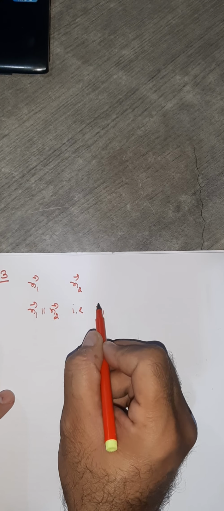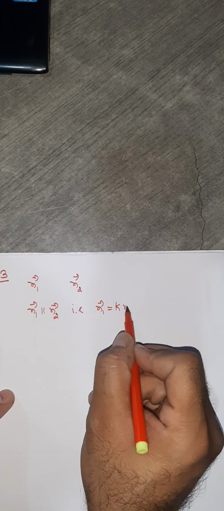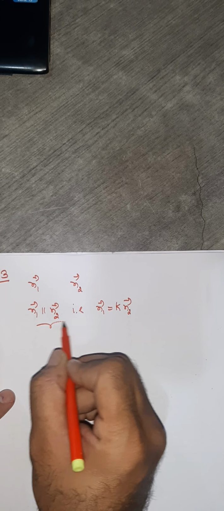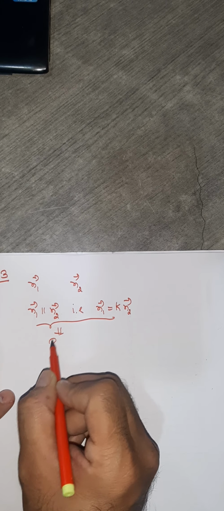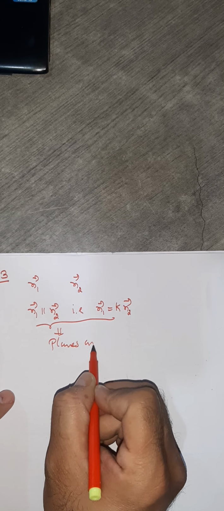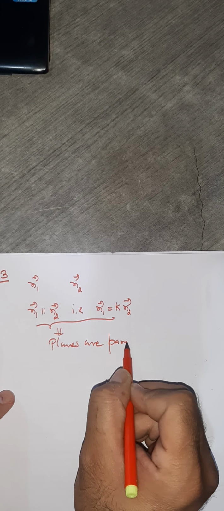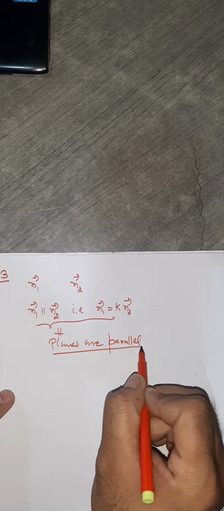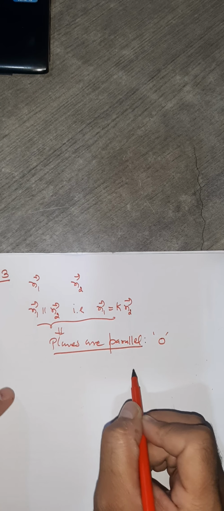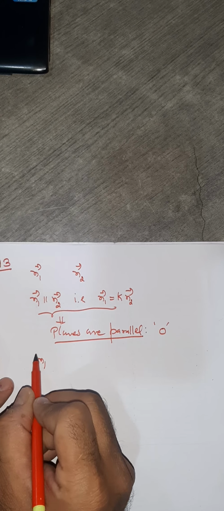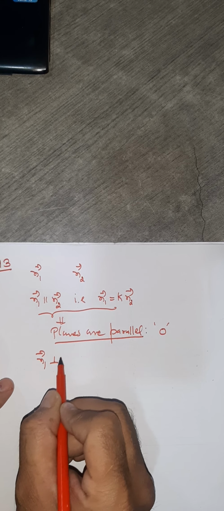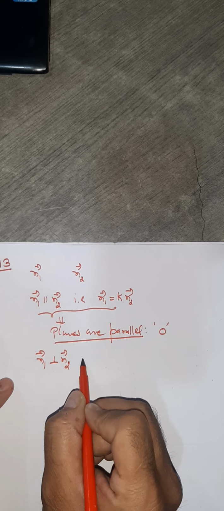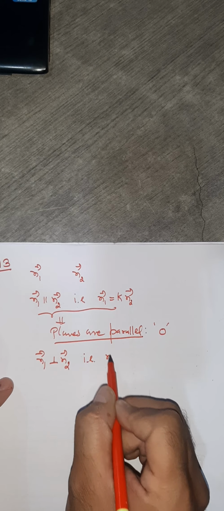That is, they are multiples, k into normal n2. In this case, two planes are parallel. So angle between two planes is 0. Theta is 0.